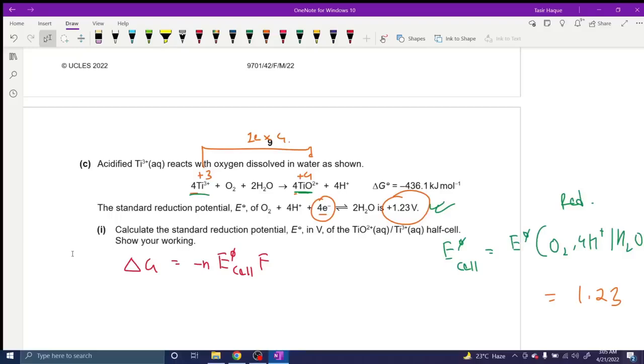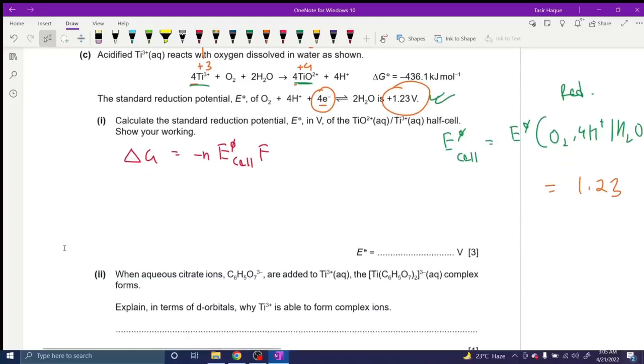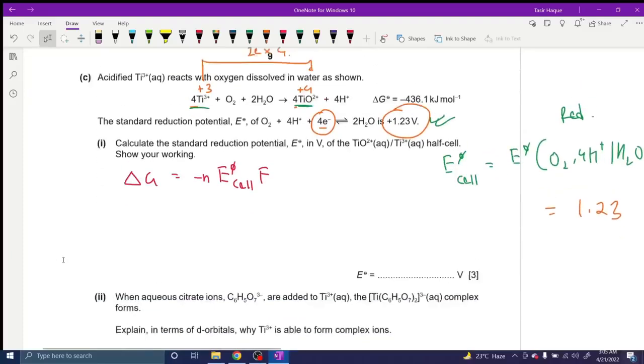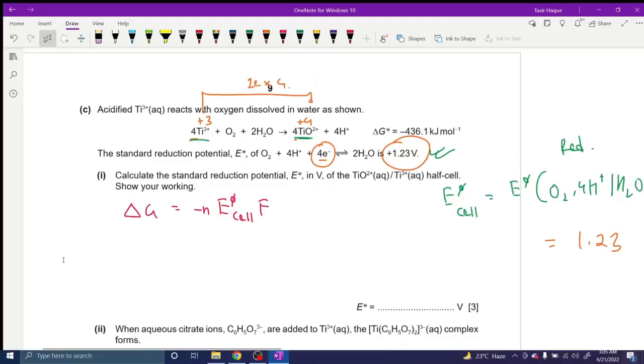We want to find out the reduction potential of the titanium half cell. So for this, we need to use the new formula that has been added to the syllabus. Delta G is equal to -n E cell F. So how does this work? What do we need to ensure when doing this? We know that when delta G is negative, the reaction is spontaneous, and when E cell is positive, the reaction is spontaneous.